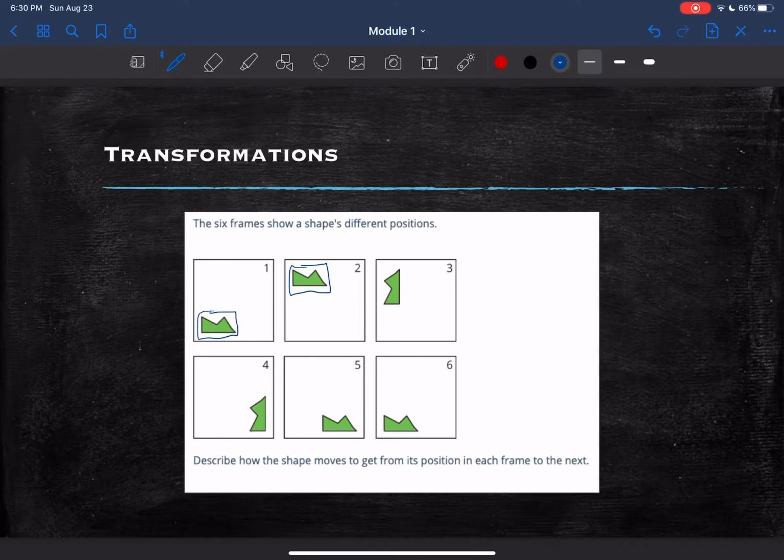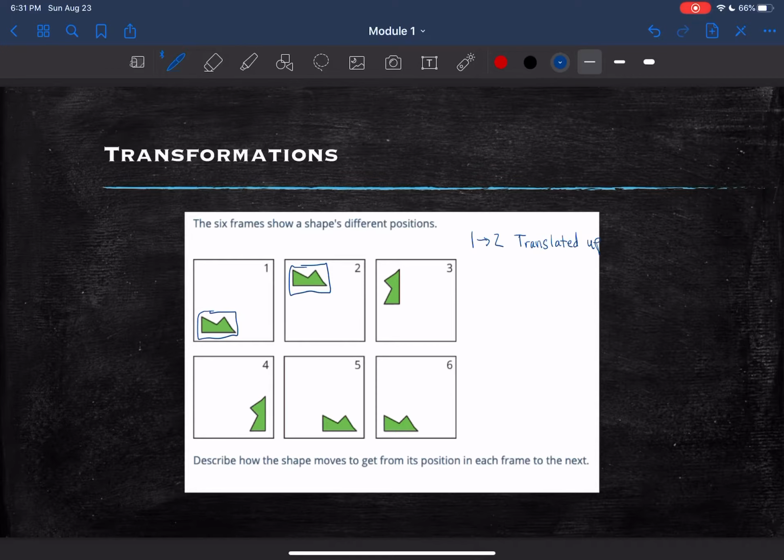If the orientation is the same, the way that it's situated is the same, but its position changed, that's going to let you know that it slid or is a translation. So from 1 to 2, it was translated up. It went from the bottom left to the top left.